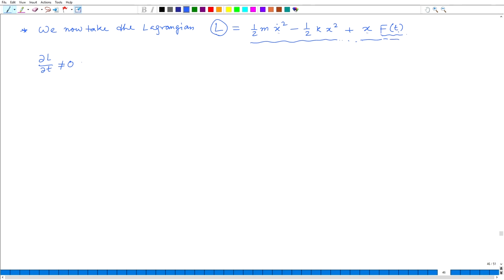Then I actually have another observation, that is, this is something added to the old Lagrangian of a simple harmonic oscillator. So, is it that f times x can be written as d/dt of a function g, which is a function of x and t?